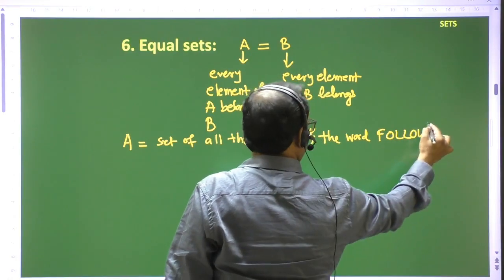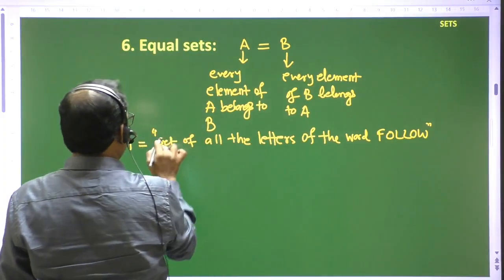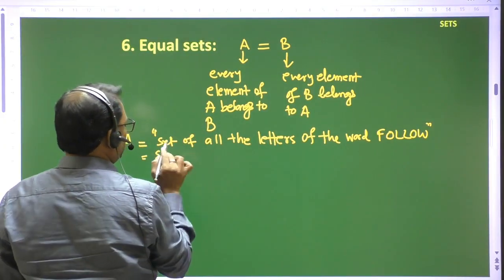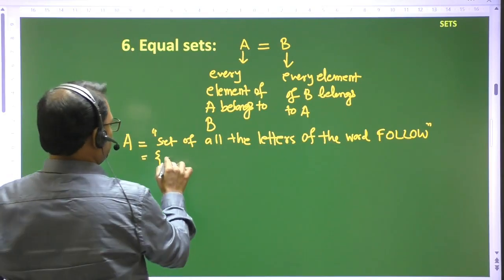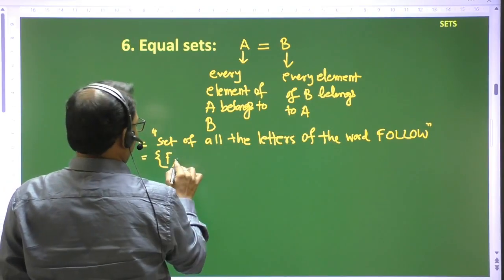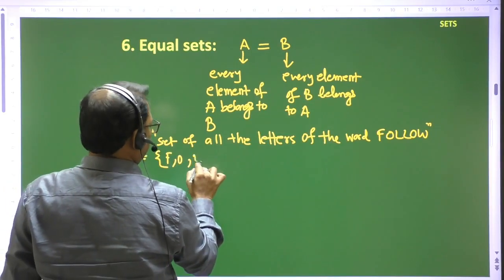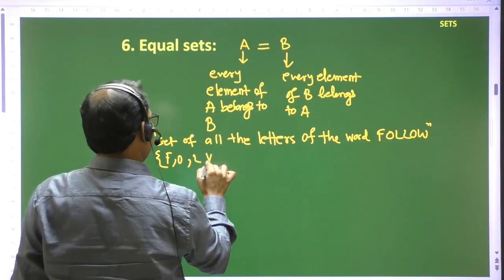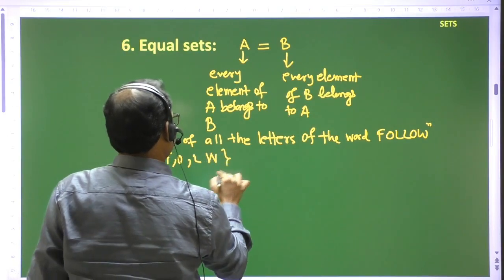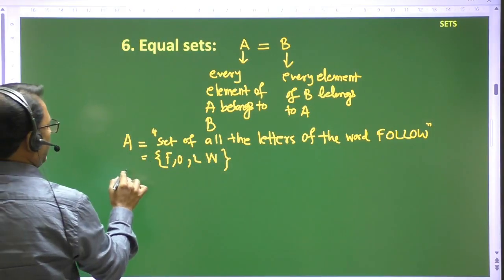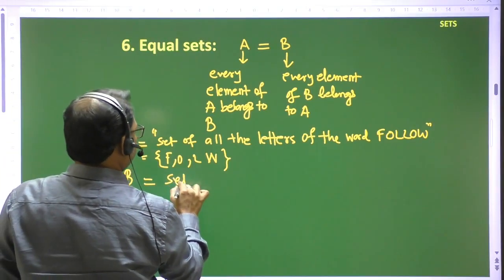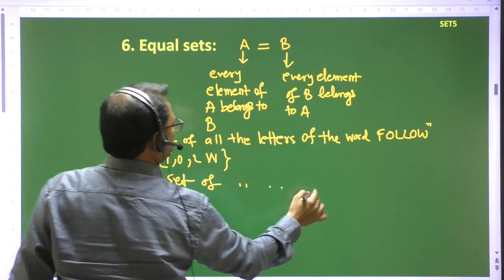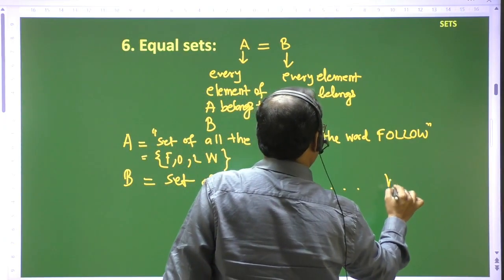So in the word follow, the letters that are used, from those letters we will form the set A. That means one is F, one is O, another is L, and then W. And B is a set which contains all the letters of the word "wolf".